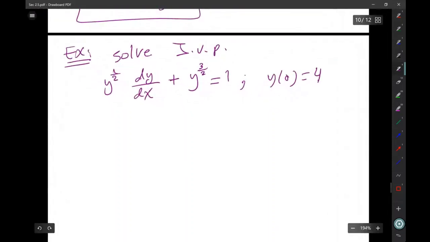So the standard form for this equation: I have to divide by y to the power half.